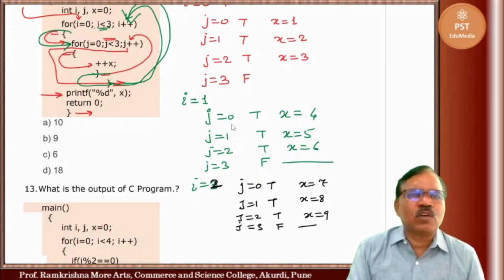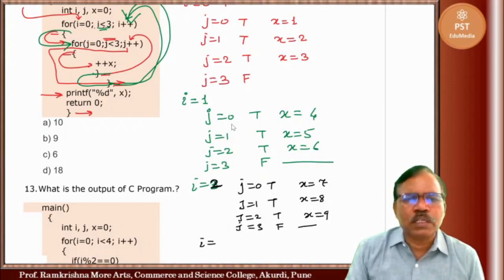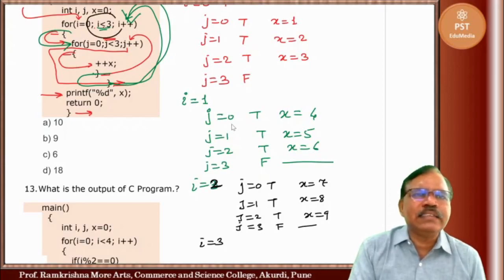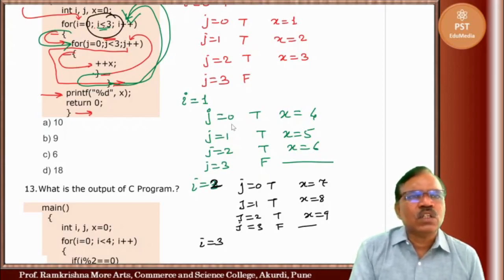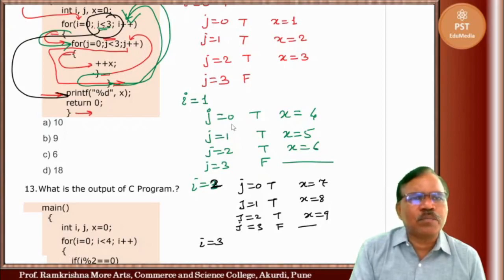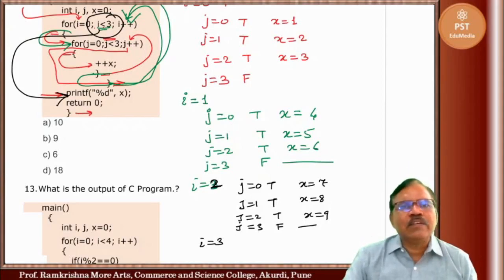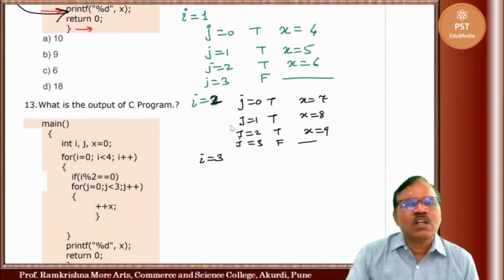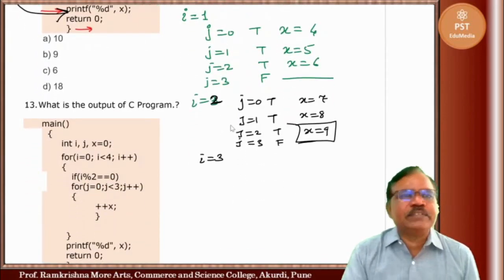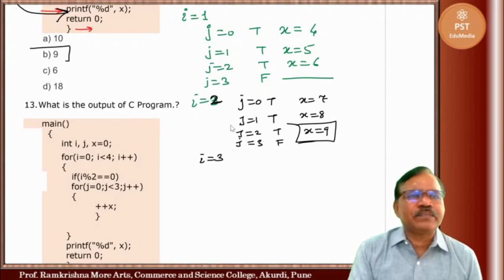So it will come out of the loop and it will go to the first for loop, i equal to 3. Now i less than 3 is the condition, so it is false. So it will directly come out of the loop and it will print the final value of x. What is the final value of x? That is 9. So it will print 9.